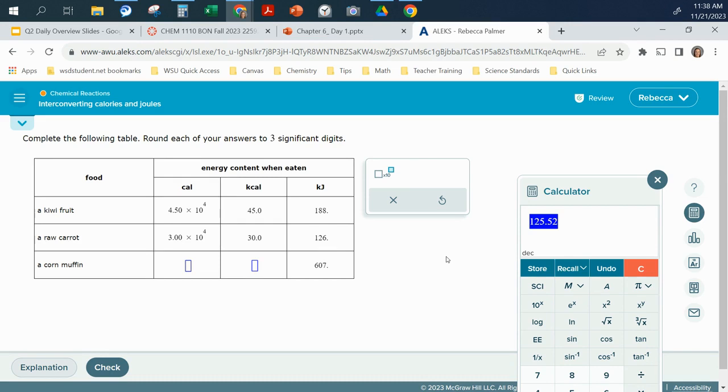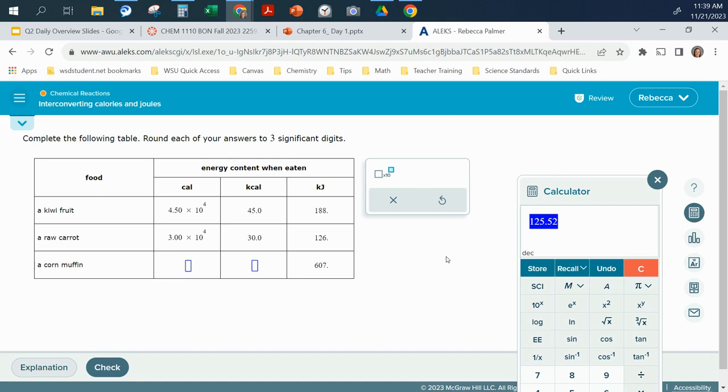Okay, and then we have one more row to do. This one we start with 607 kilojoules. I'm just going to put it right here where we have some space. I need this first in kilocalories, so I'm going to put kilocalories on the top. 1 kilocalorie for 4.184 kilojoules. Kilojoules on the top and bottom.